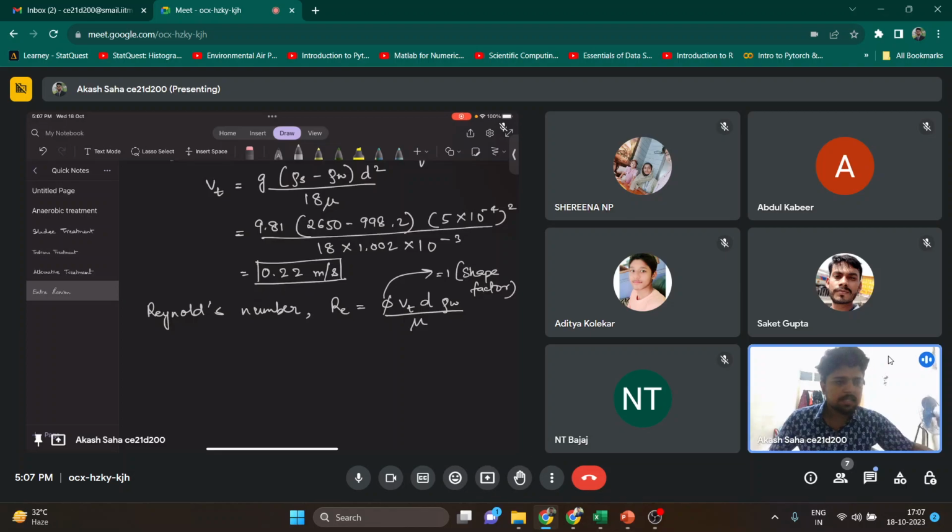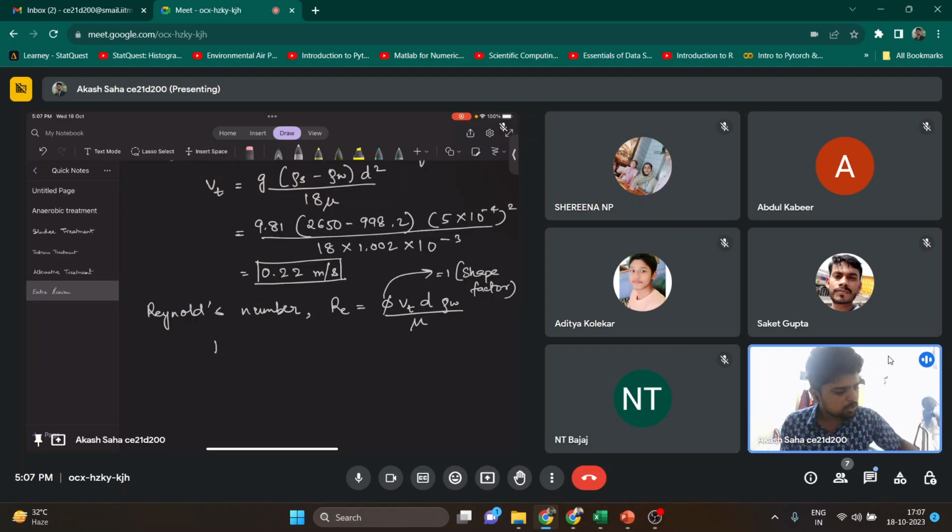Since in my problem I have mentioned it to be a spherical particle, for a spherical particle my shape factor will be 1. Because my particle can be of any size, based on the irregularity of the shape, how close it is to a sphere, we find out through this shape factor. So for the case of a spherical particle, we will take it as 1.